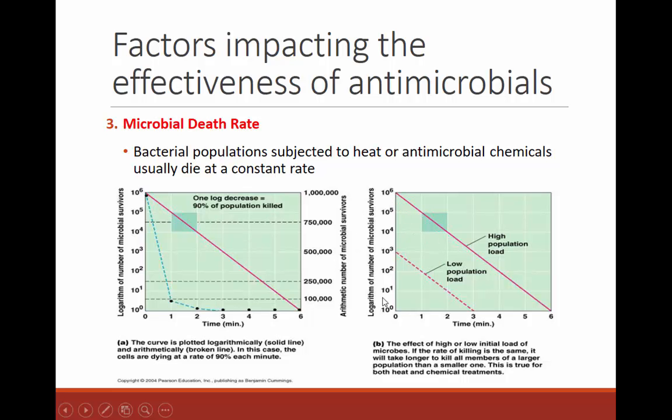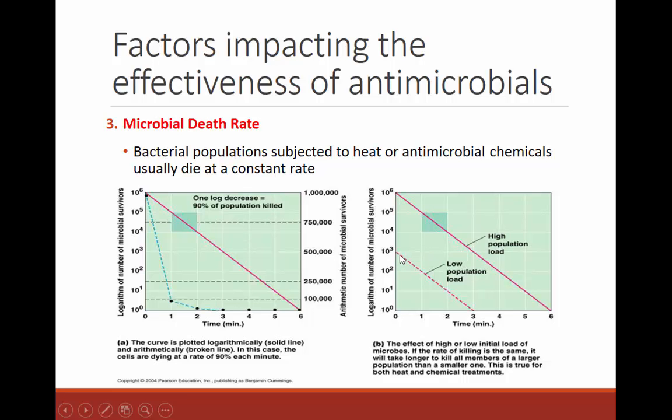But if we start with a lower load, if we look at the graph on the right-hand side, we've got the same population, 10 to the 6, on the same heat treatment, but this is a high population load, a high microbial load.